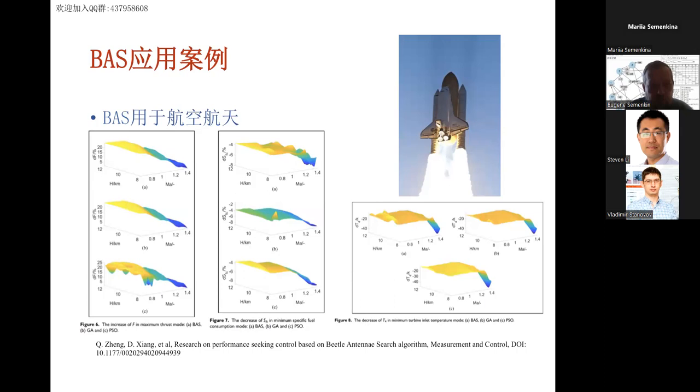They don't know the mathematical model, but they know there is some deterministic dependency on the decision variables. They just, based on the real-time sensing of the performance index, tune the input parameters, tune the decision parameters so that the performance index is maximized.